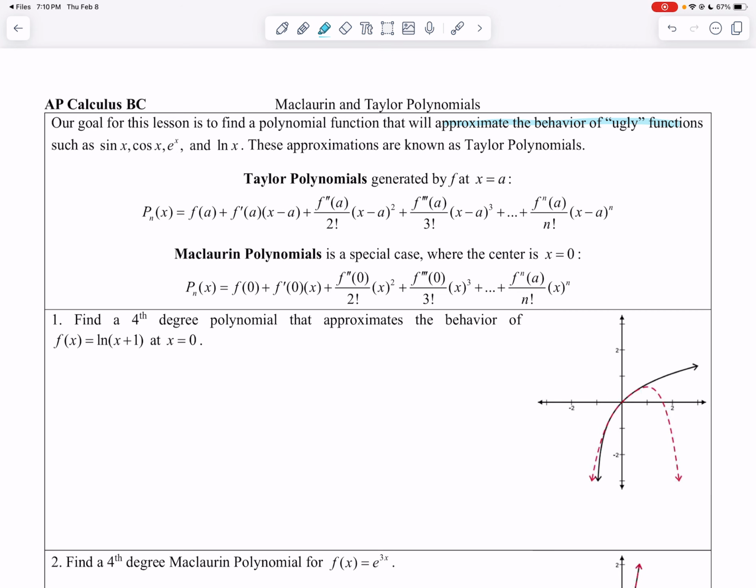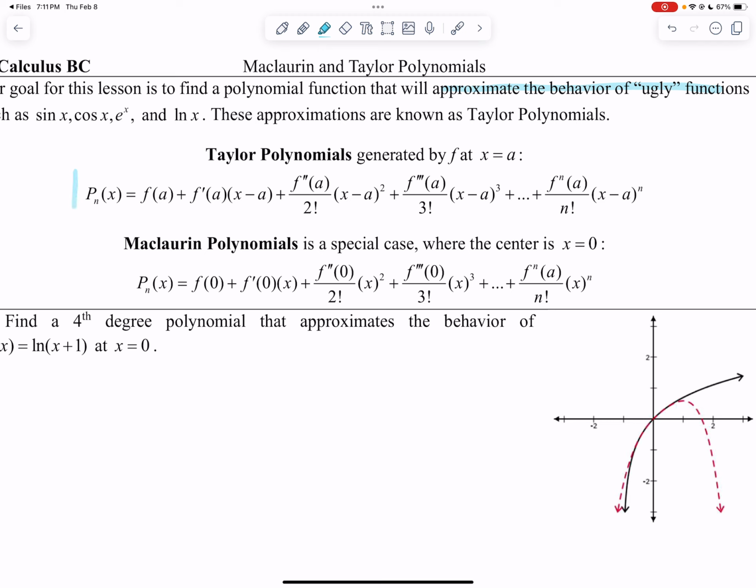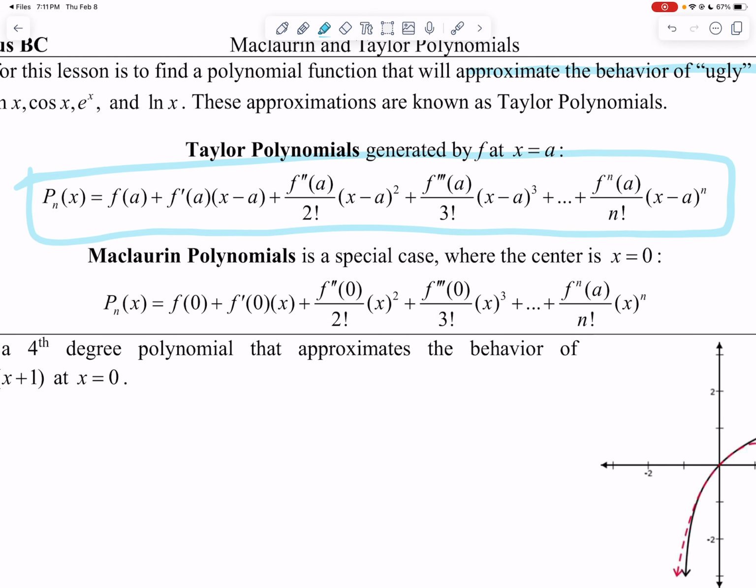So a Taylor polynomial is generated by f at x is equal to a, which is going to give you this lovely polynomial right here. I know it kind of looks messy and scary, but it's not that scary, I promise. So essentially, you're going to have the first term at a. Then you're going to have the derivative at a, and then you're going to have x minus a.